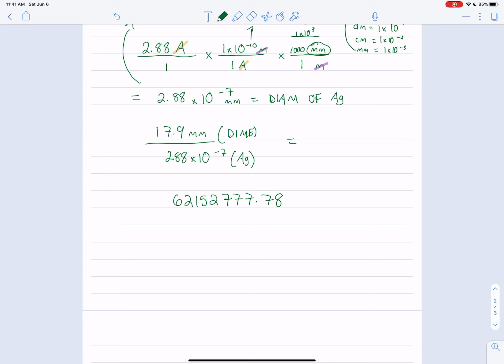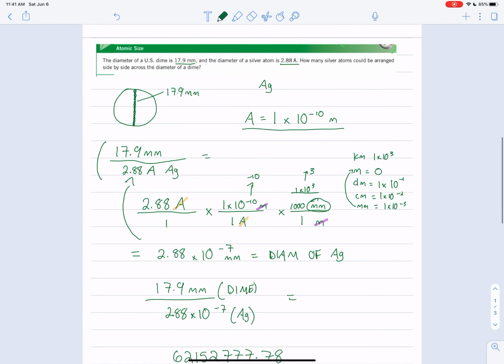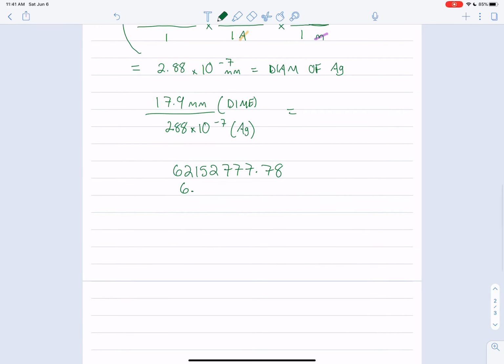And we can change that depending on how many significant figures we are looking for. The question, the least amount of significant figures is 3. So we're going to do 6.23, 3 significant figures, times 10. And we can check our decimal places here since we're putting it here.